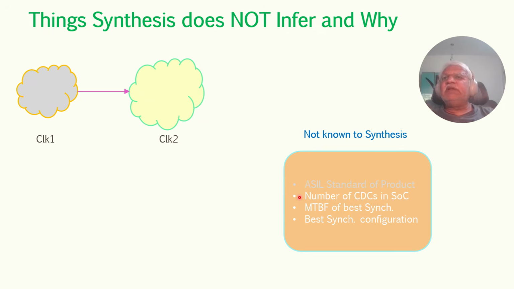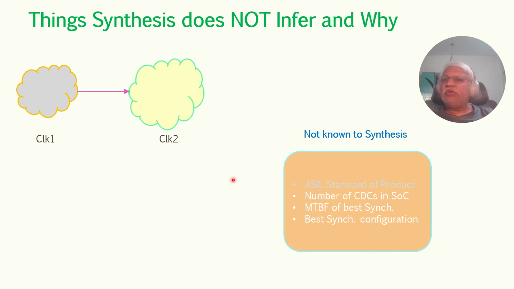Even though it knows there are so many clock domain crossings, and knows the number of CDCs in the SoC, there is still the amount of data it needs to process and the calculation of the worst MTBF possible, which is slightly beyond it.